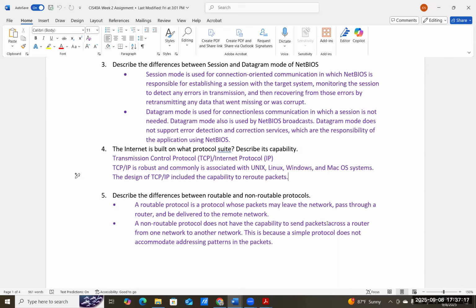So the router is the system that allows us to go from one network to the next network. Hence your wireless router at home. You're using your home network, and whenever you're trying to access the internet, you're going into someone else's network, your service provider or another company's network.